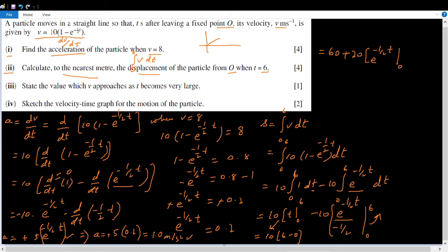Limits are from 0 to 6. Now let's figure it out quickly. 60 plus 20, and this will be e power, when we apply 6 it will become minus 3, and when you apply 0 it will become e power 0. So e power 0 is 1, so it is 60 plus 20 into e power minus 3 minus 1.